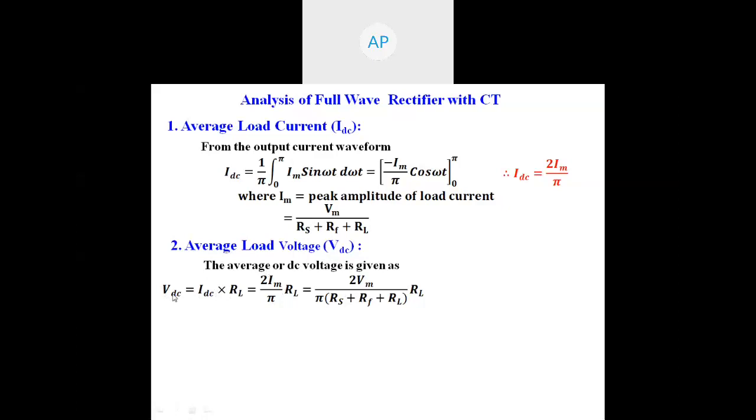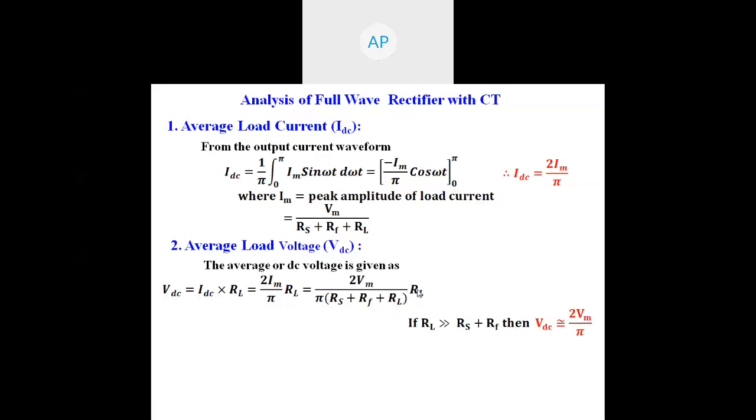So you have a number of expressions for VDC. First, VDC is equal to IDC into RL. Second, 2 Im divided by pi into RL. Third, 2 Vm divided by pi into Rs plus Rf plus RL, into RL. Now if we consider that the load resistance is large compared with Rs plus Rf, the sum of these three terms is approximately RL.